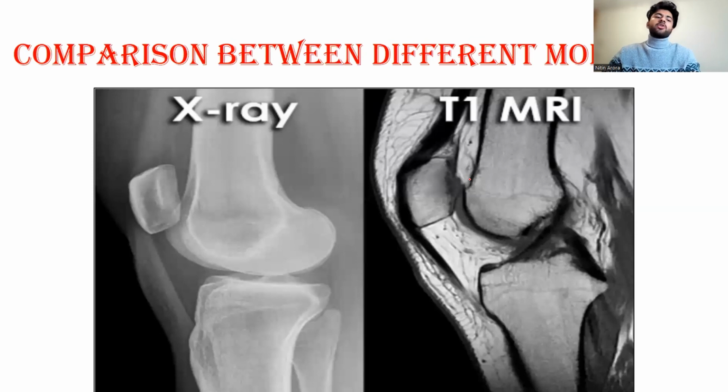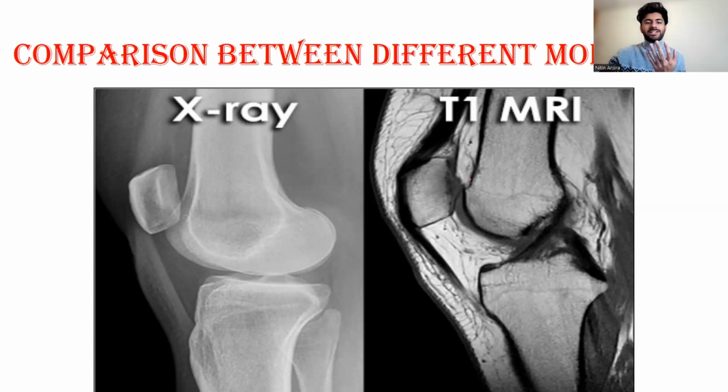Now, the next thing that you need to see is, usually what happens is people do have an X-ray before they go for CT or MRI, usually for joints, because X-rays are relatively cheaper and inexpensive modalities to see the joint structures in a nice way.